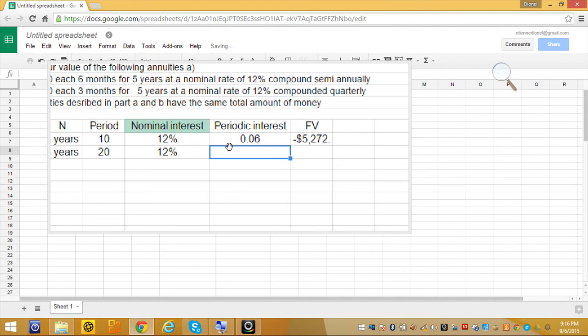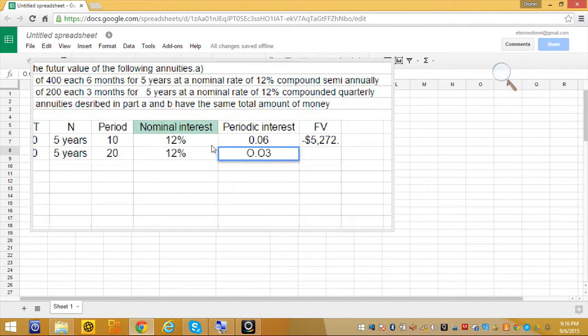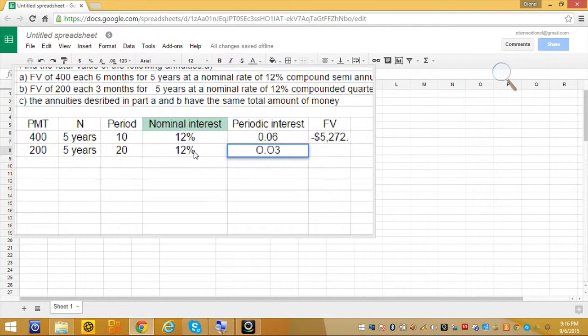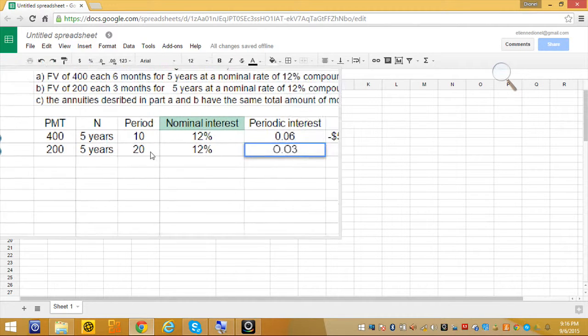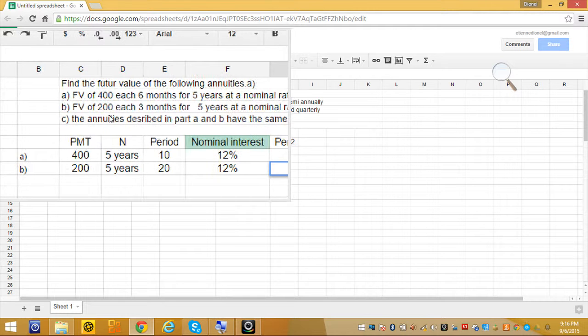The periodic rate is also every 3 months, which means it's 12 divided by 4, which gives you 0.03, that is 3%. Since this is quarterly, you divide by 4 to get the periodic rate. Your annuity payment is 200.